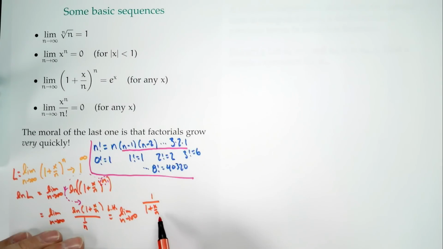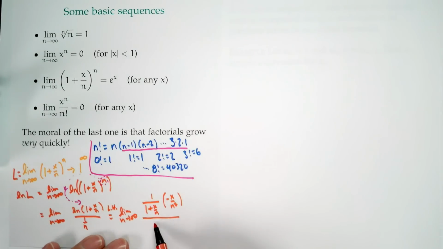Well, the derivative of the inside with respect to n would be minus x over n squared. And here I'm thinking of n as being a continuous thing, not as a discrete thing, because if it's continuous and the limit exists, then we can pretend like it's discrete. The derivative of 1 over n is minus 1 over n squared.